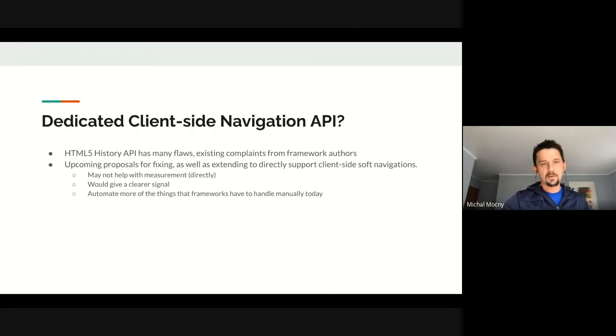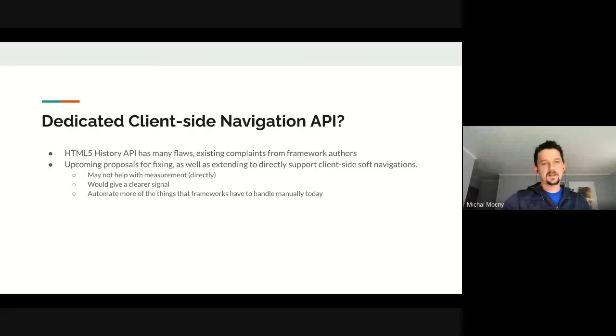Finally, there is some work towards possibly adding a dedicated client-side nav API. So there's ongoing work around the HTML5 history API to fix various flaws that exist already. And there are complaints from framework authors about history state disappearing or changing, or various workarounds that you have to do to make sure that it works correctly.